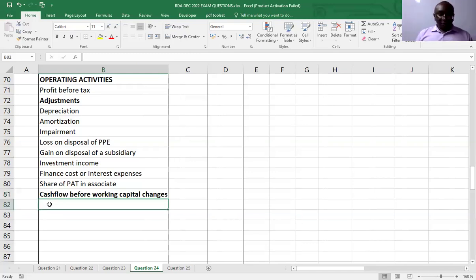So the working capital, we have inventory. Now this can be increase or decrease.